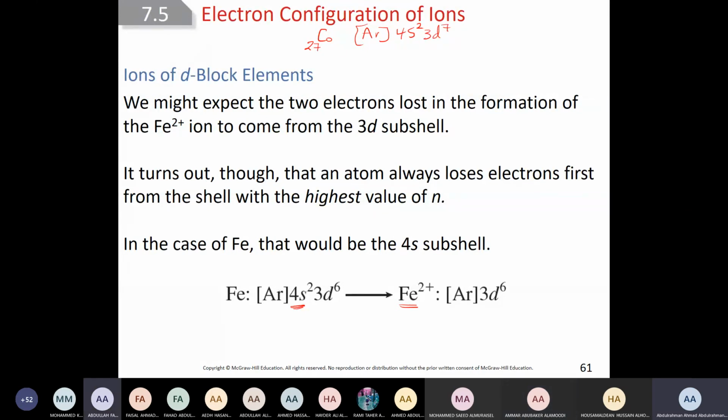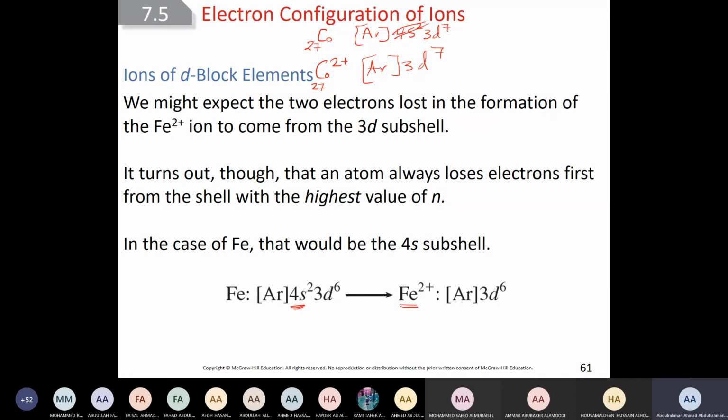Okay, what will be the structure for cobalt 2 plus? Argon 3d7. We take the s electrons out, not the d. We always take the electron from the orbital with the higher energy level. For transition metal only.